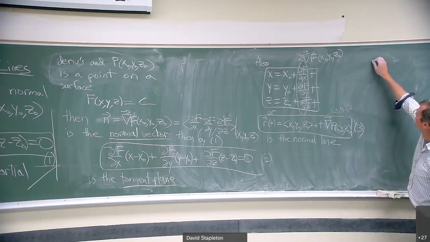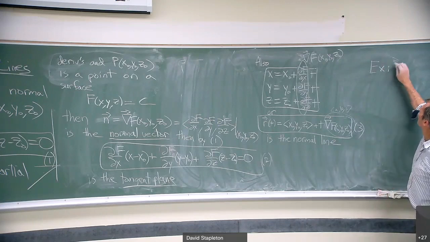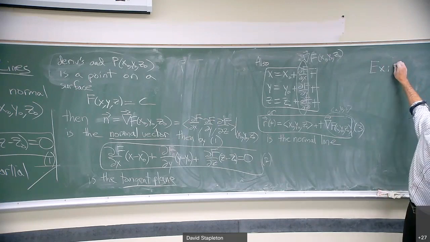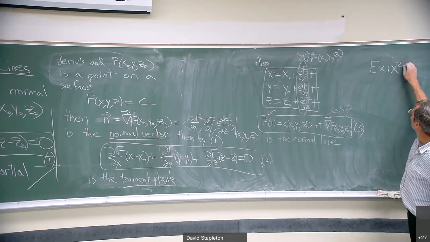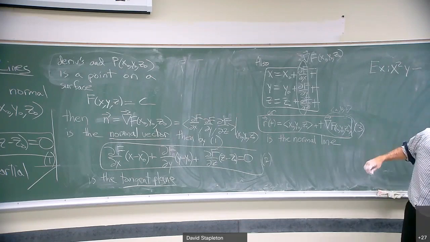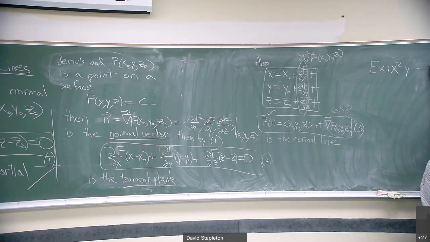So I have this one. Suppose I had x squared y minus 4z squared equals 7. And I have a point minus 3, 1, minus 2 is on the surface.